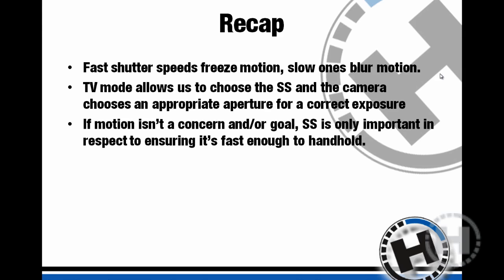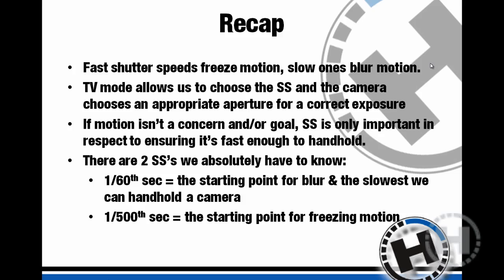If motion isn't a concern or a goal, shutter speed is only important in respect to ensuring it's fast enough to handhold. And finally, there are two shutter speeds we absolutely have to know. The first is 1/60th of a second. That is the starting point for blur, and it is the slowest that we can handhold a camera. And then finally, to freeze motion, 1/500th of a second is going to be our starting point.